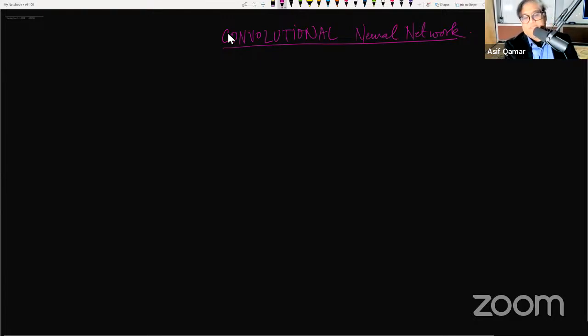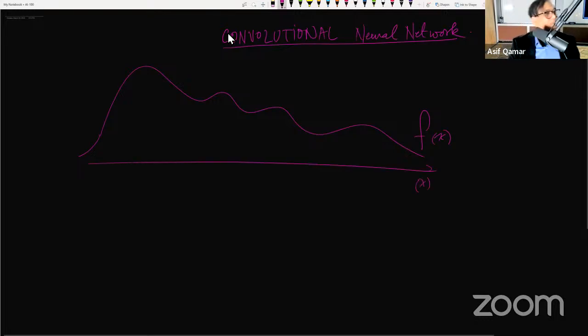Whenever you have a function, let's say some function f(x), this is your x-axis, and you want to get a local view of it in a particular region.